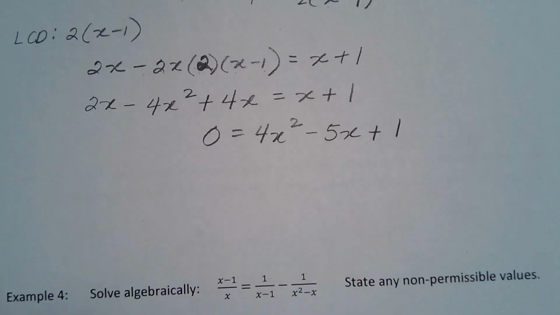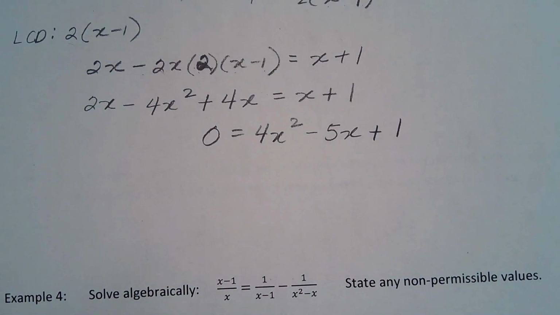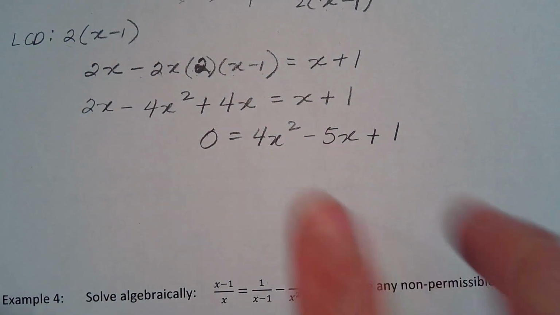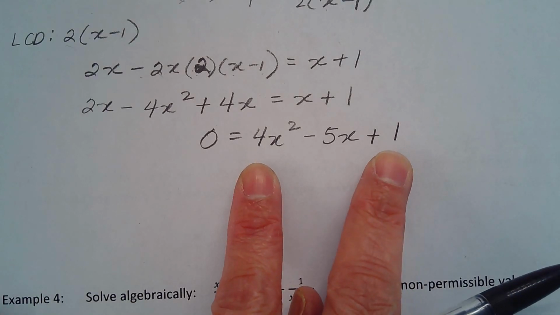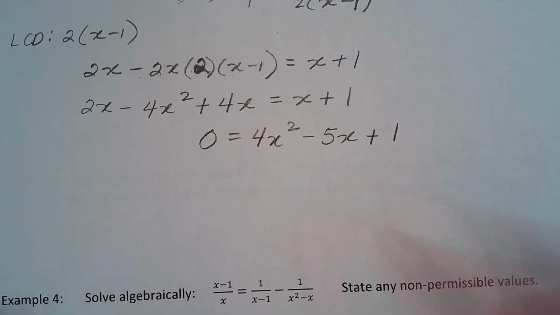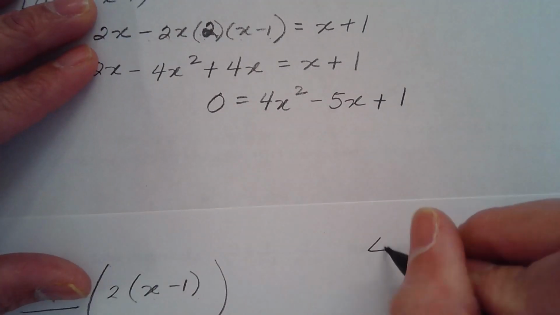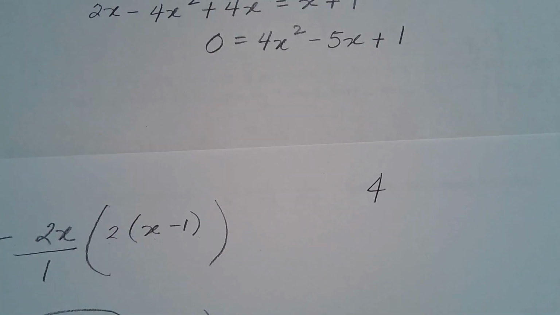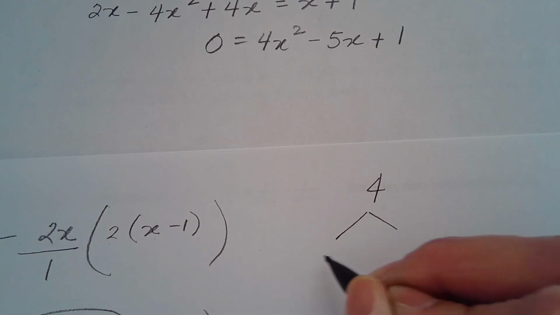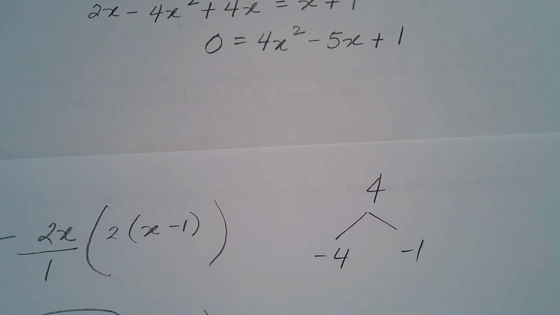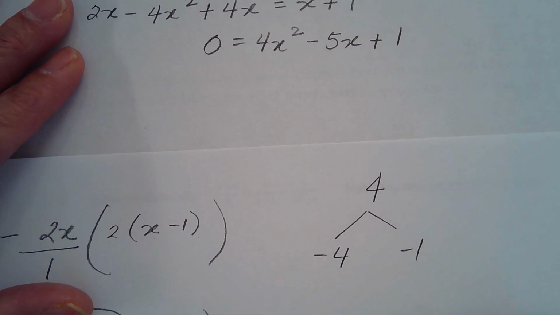Now let's see, is this factorable? Okay, so here 4 and 1, 4 times 1 is going to be positive 4. What are the factors of 4 that are going to give us a -5? It's going to be -4, -1.